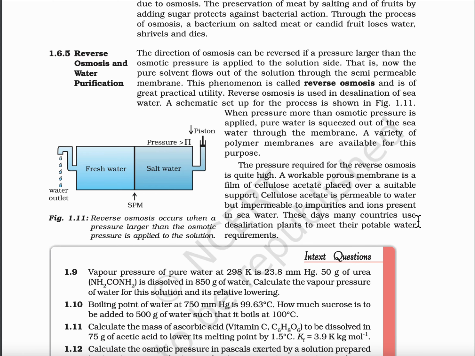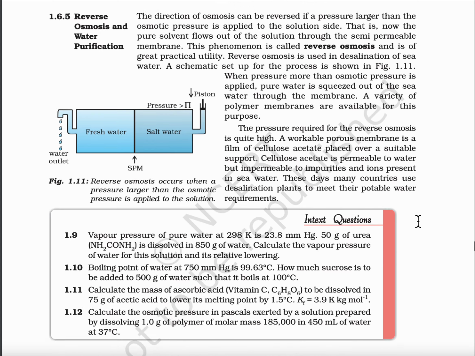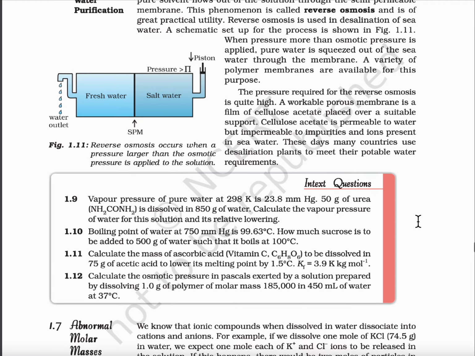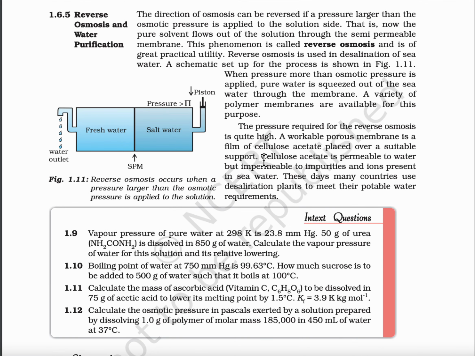These days, many countries use desalination plants to meet their potable water requirements, and this was one of the viva questions that I got when I had my practicals. So they might ask which was a workable porous membrane that is suitable for reverse osmosis, and it prevents the impurities and ions in the seawater. Then it is cellulose acetate.